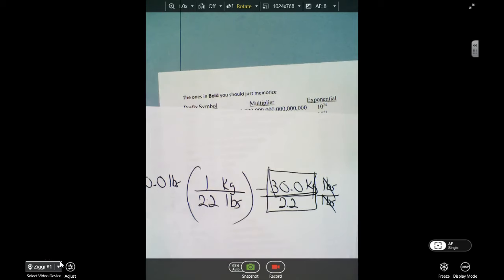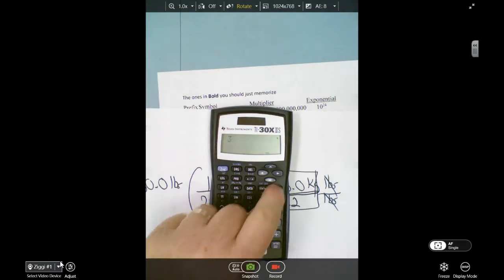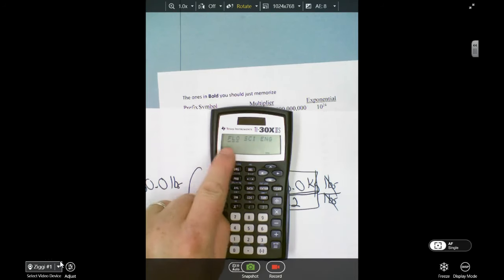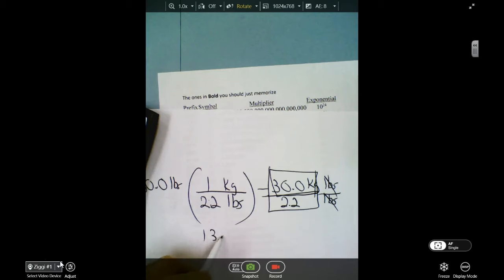Now, I don't know how well you do this in your head. I don't. So we're going to try this with a calculator. First, let's check to see what mode it is. Right now it's in floating mode, floating decimal. At some point we're going to go to our friend scientific notation. But 30 divided by 2.2 equals 13.63. I'm going to write 13.6 kg.